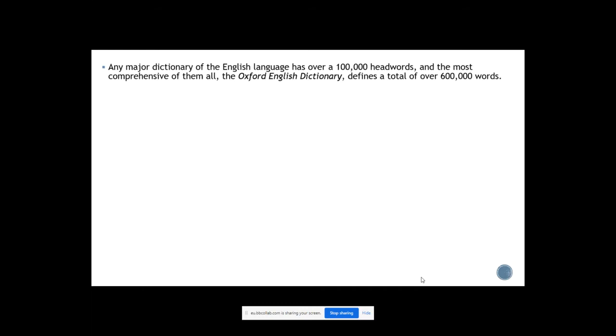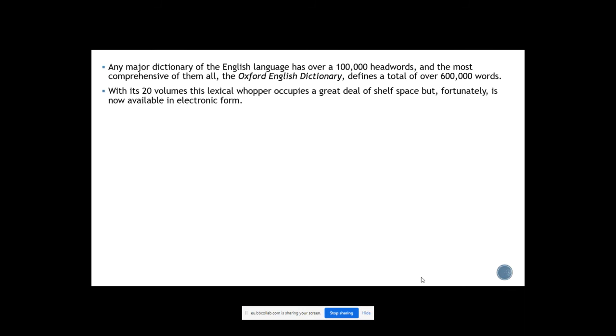Any major dictionary of the English language has over 100,000 head words, or what we sometimes call entries. The most comprehensive of all of them is the Oxford English Dictionary, which defines a total of over 600,000 words.